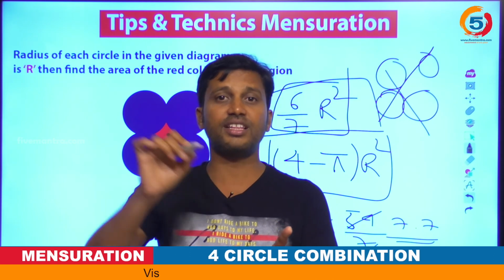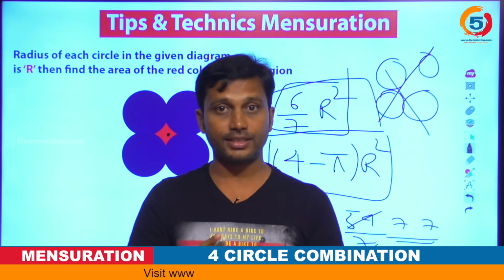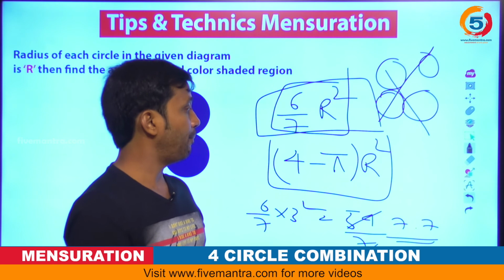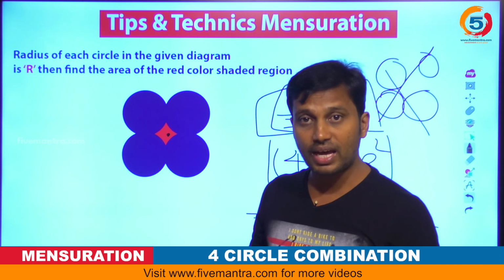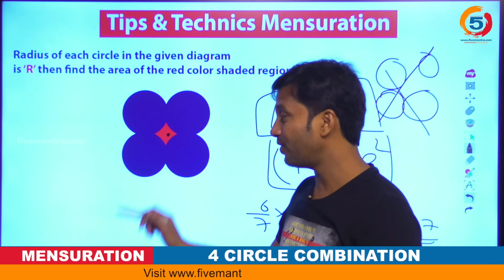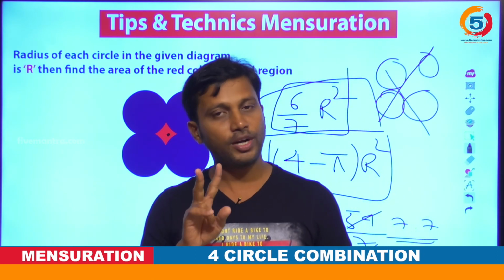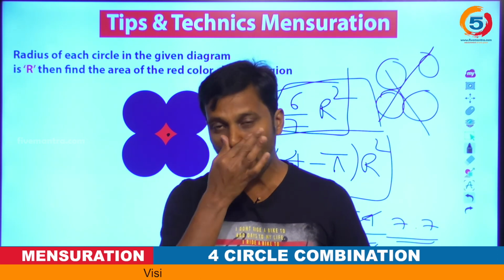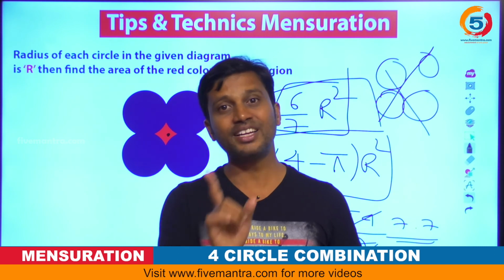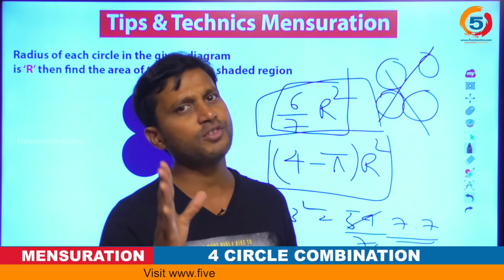Then only we can apply this shortcut of 6/7 r square, where r represents the radius of each of the equal circles. Once again, the points to be noticed: all circles must have the same radius, and each circle should touch another 2 circles. Then this works very fast and provides you the answers within a fraction of a second.